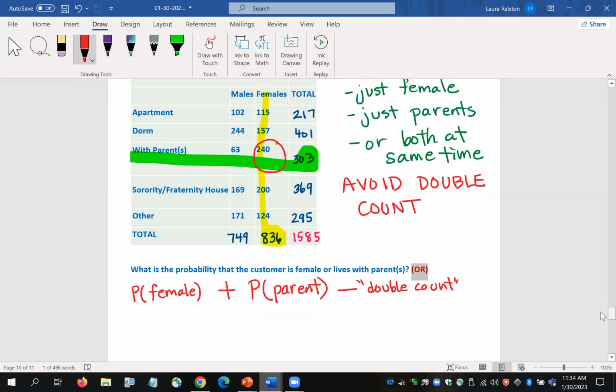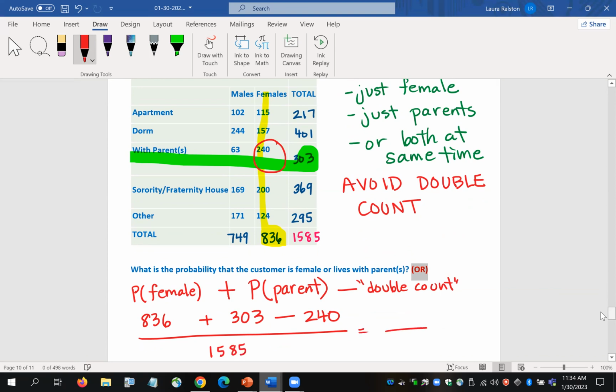So we had 836 females plus 303 who live with their parents, but I double counted 240 of them. And that's over my grand total of 1585.